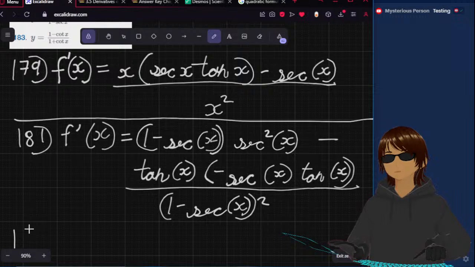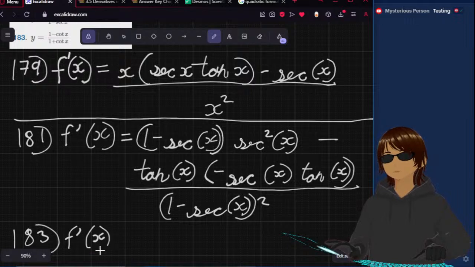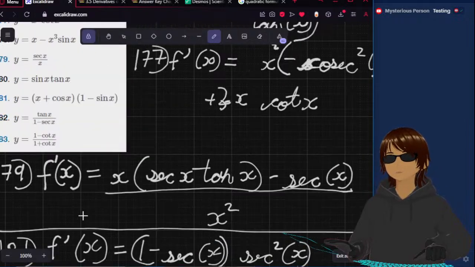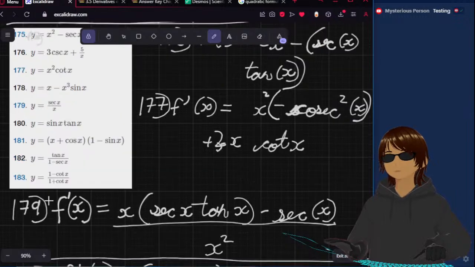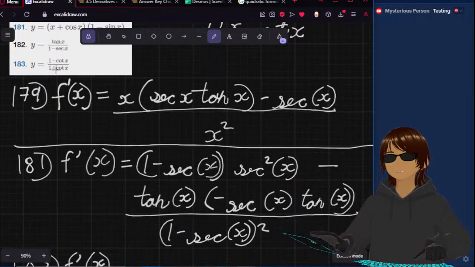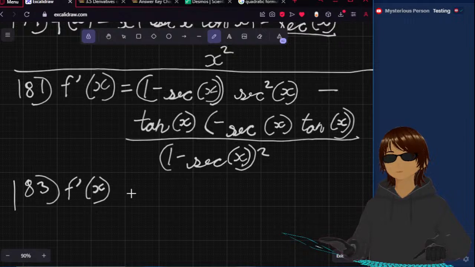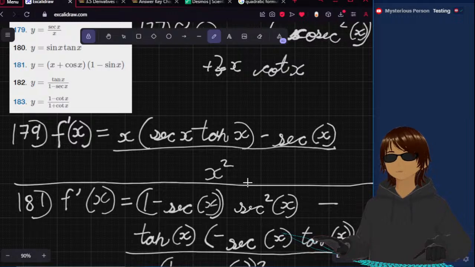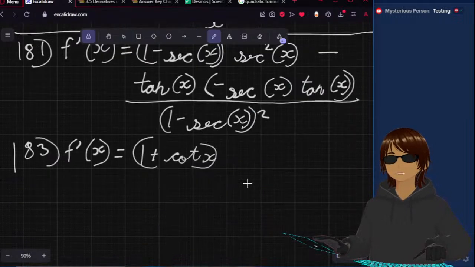183. This is the actual zone. 183. Low d high. Derivative of cotangent is minus cosec.